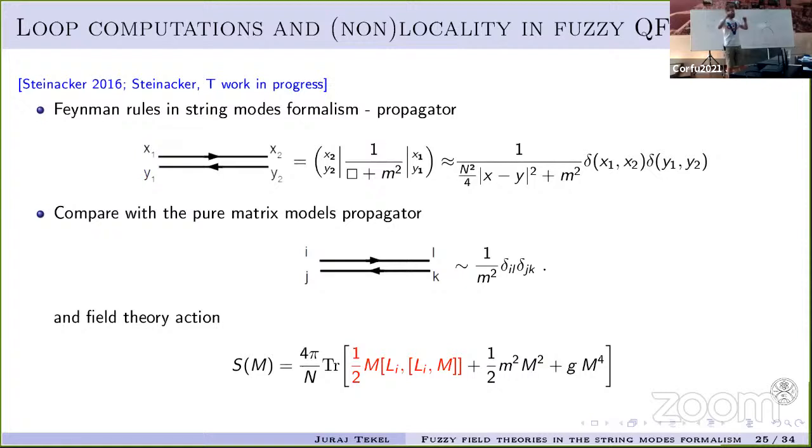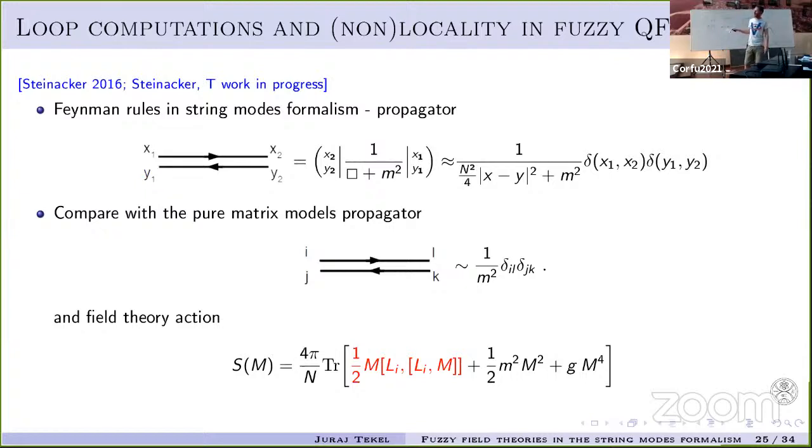So when you do the Feynman diagram in this formalism, in this basis, the propagator connects xy with some other string mode xy. So it needs two lines and leads to ribbon diagrams that we are quite used to from matrix models, which are at the end of the day related to fuzzy field theory. So that is not too surprising.